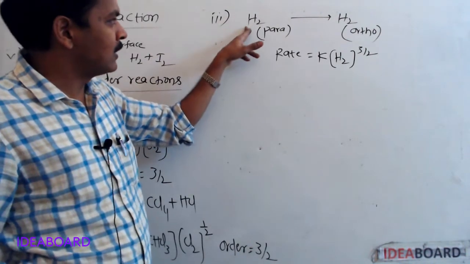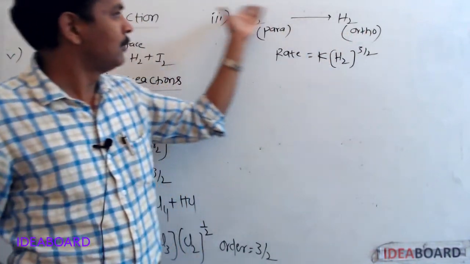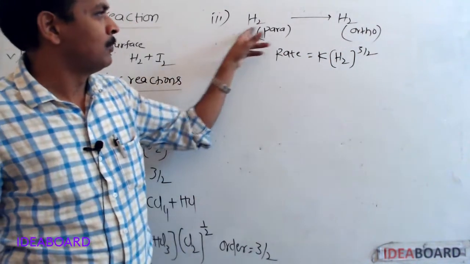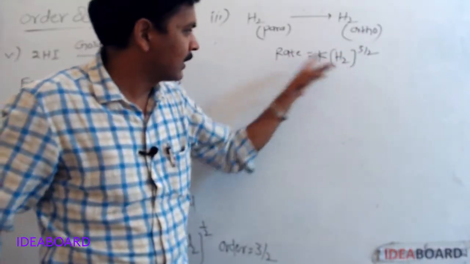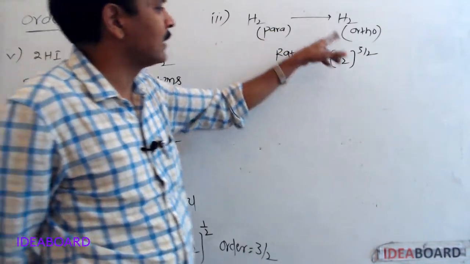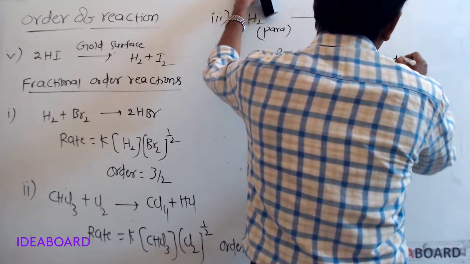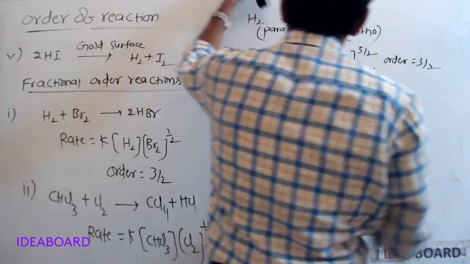Here 1 mole of H2 is there, but we should not write H2 power 1, because directly by seeing the equation, we cannot write the rate equation. After doing experiment, we can write the rate equation like this, rate is equal to K into H2 concentration power 3 by 2. Order is 3 by 2.